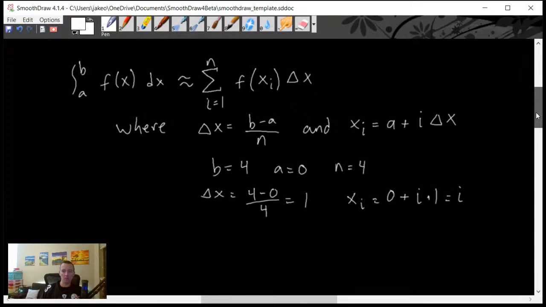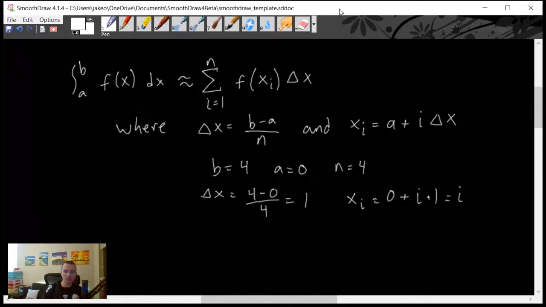What that means is, like the sigma says here, we're going to go from i = 1 up to n, which is the number of rectangles we have. So in this case, we go from i = 1 to 4, and we plug our i into the equation we just got for x sub i and figure out all of our x values.